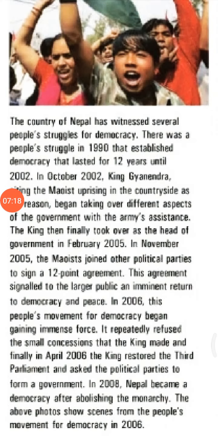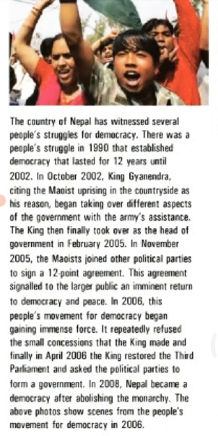See here, here is an example with Nepal. What happened in Nepal? Let us see. The country of Nepal has witnessed several people's struggles for democracy. There was a people's struggle in the 1990s that established democracy that lasted for 12 years until 2002.